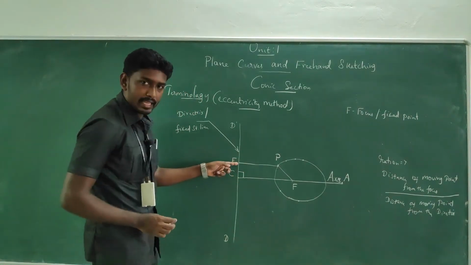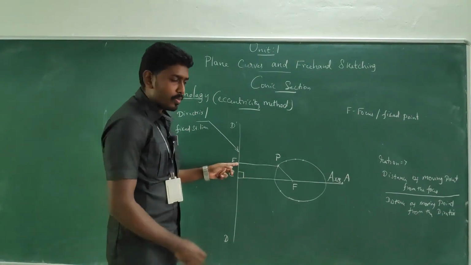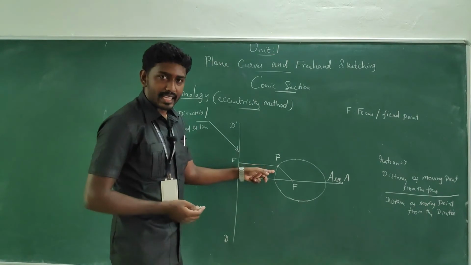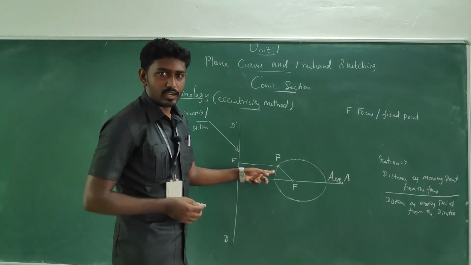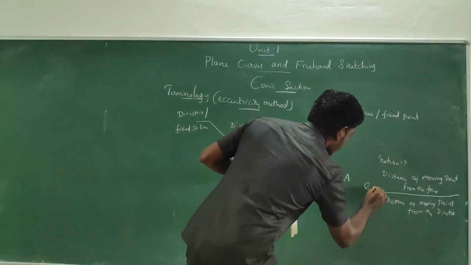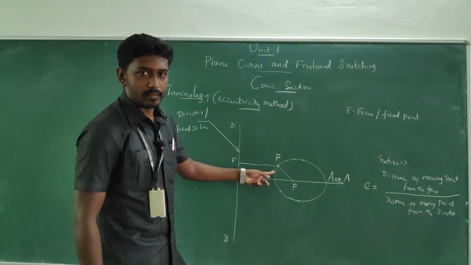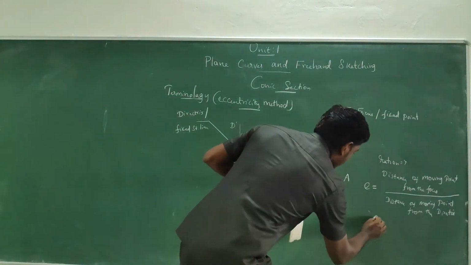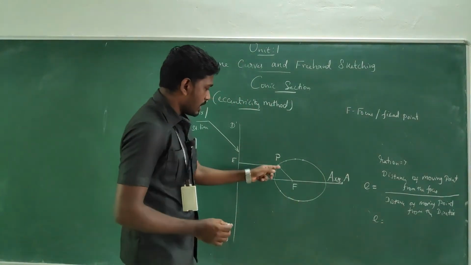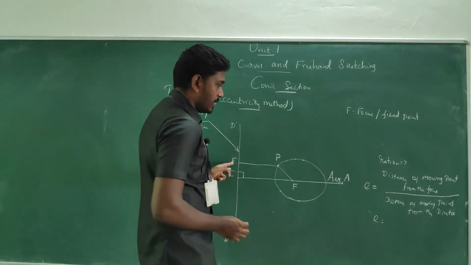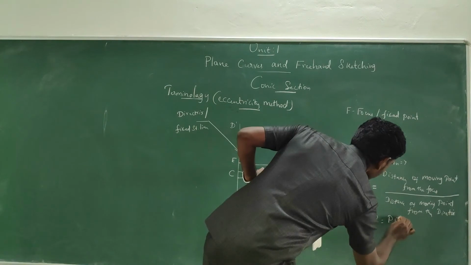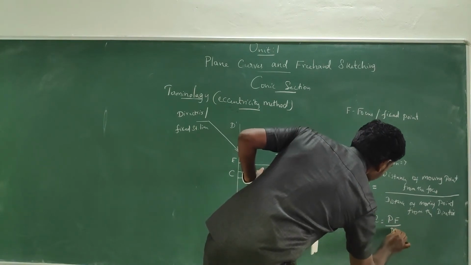If I take it as E, this ratio always in the curve will be constant. So that ratio we call E, which is eccentricity. So I can say E is PF divided by PE.